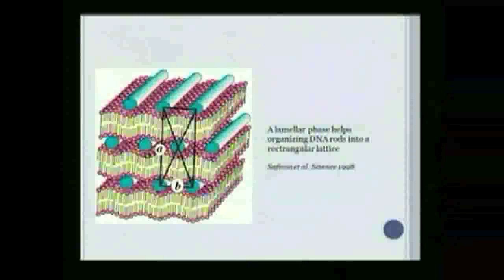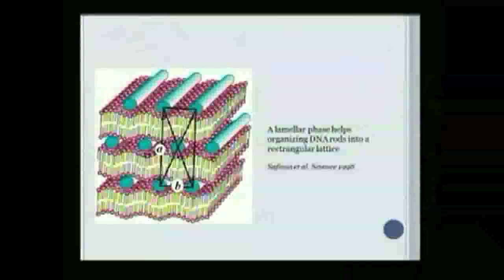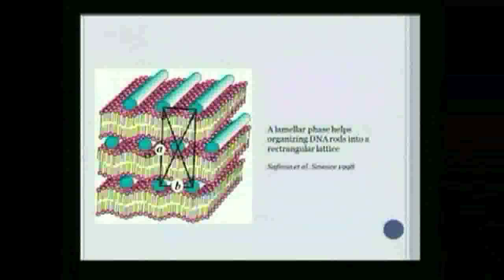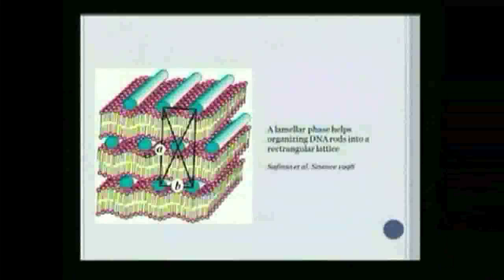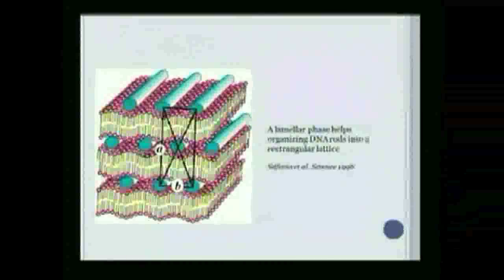The DNA rods are going in the water, in between the hydrophilic heads, and in some conditions, playing with the smectic distance, the smectic pitch of the lamellar phase, and playing with the concentration of DNA rods, it's possible to self-organize the DNA rods onto a rectangular lattice.